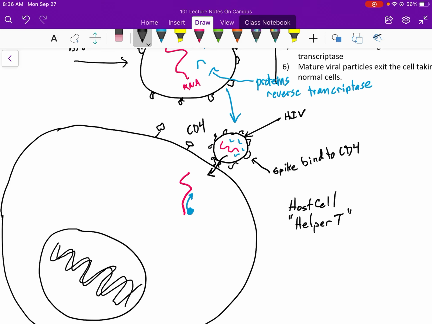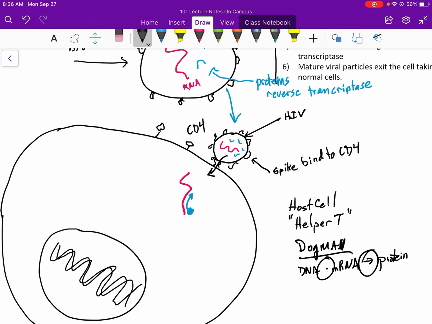When I first heard about this, I was kind of stunned because, of course, I learned what I'm going to call the dogma down here. Dogma, right? The dogma says we go from DNA to messenger RNA to protein, right? And we transcribe here. This is the transcription area, and this is the translation area getting to proteins.